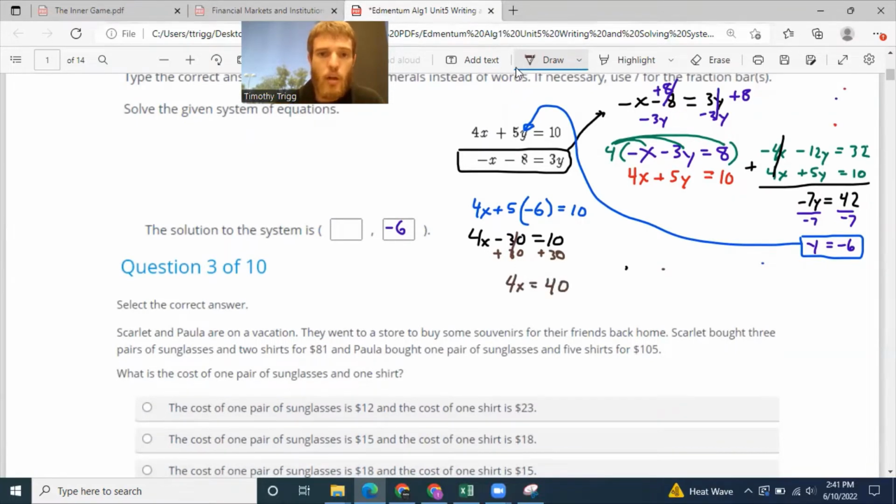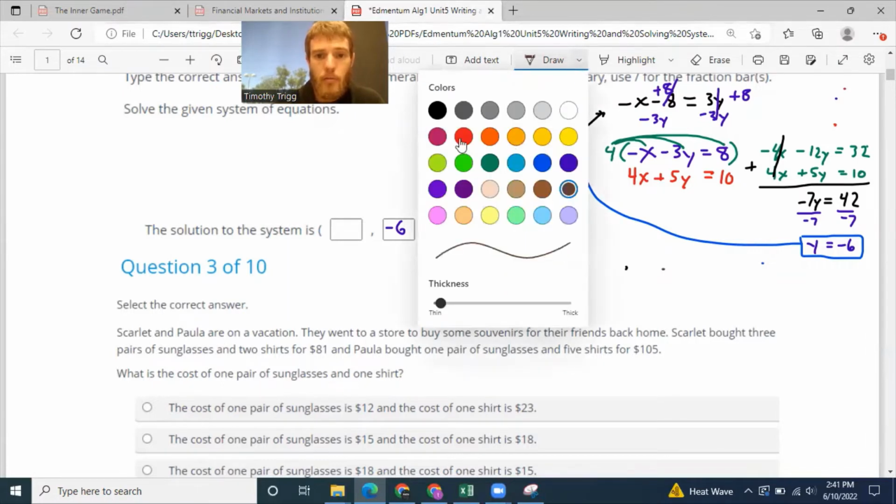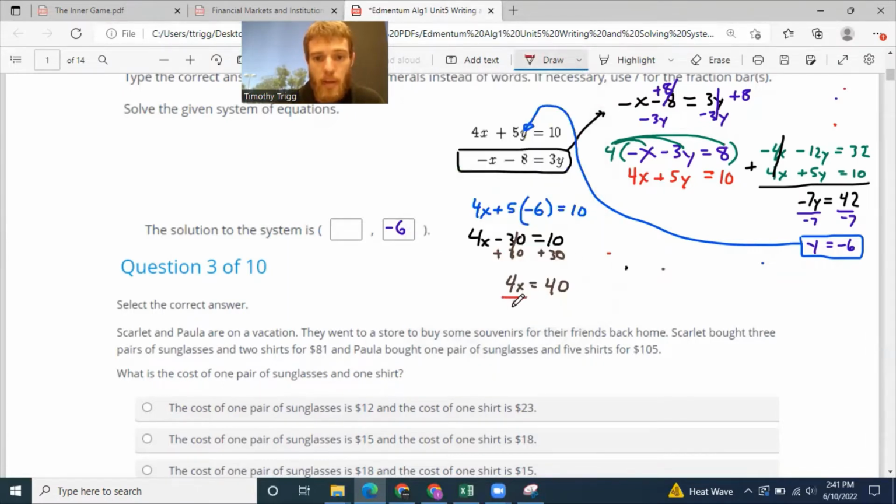Then what would I do to solve for x from here? Well, I would just go ahead and divide by 4 on both sides of the equation, giving us the value of x is 10. So 10 comma negative 6. In fact, if you were to graph these two lines, you should see them crossing at that exact point, 10 comma negative 6.